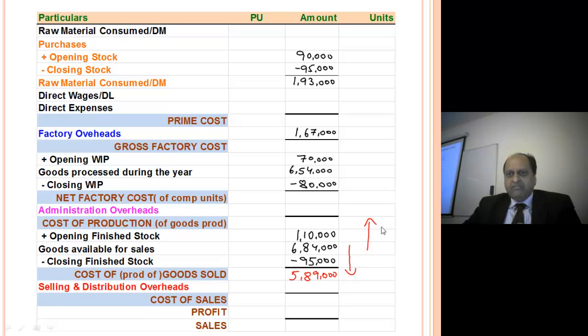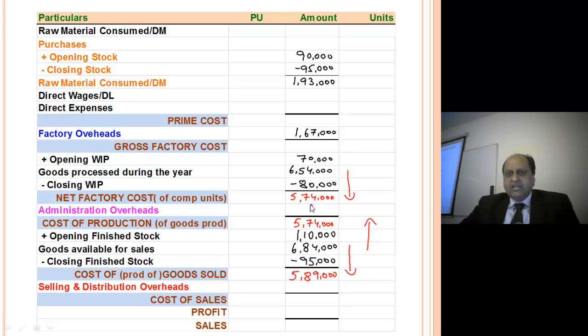And here I will move upward. You remember, when we move upward, we change the sign. It will become 6,84,000 minus 1,10,000, which is 574. Here I will move downward. Aha, this is also 574.